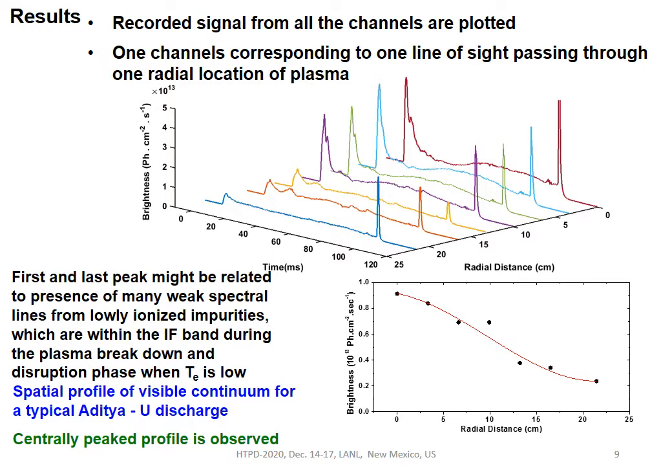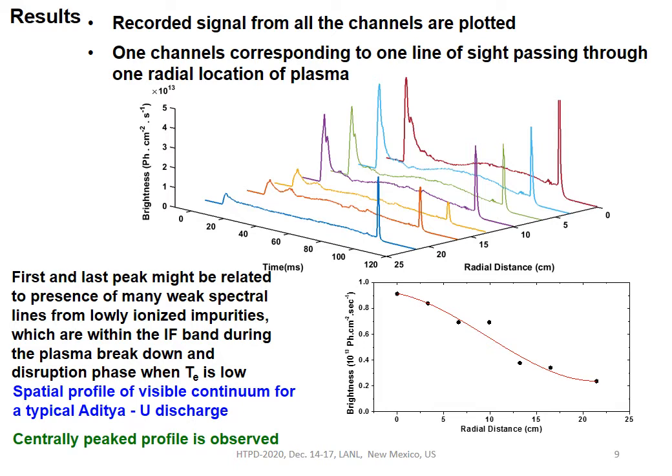in the continuum signal. When we plot the signal from one point of time where the maximum plasma current is there, for various spatial locations, we see this kind of curve.